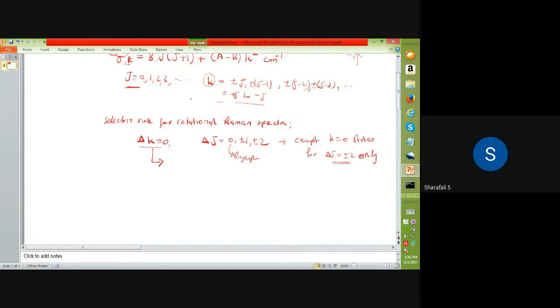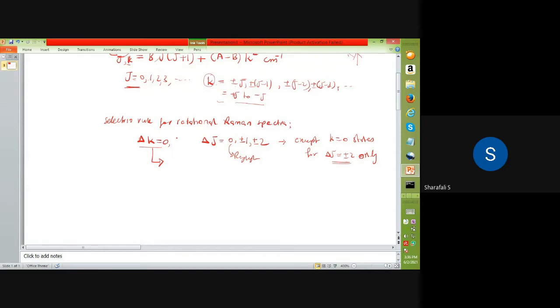And delta K equal to 0 means that there is no change in spectra, or we can say that a change in angular momentum about that top central axis will not give rise to Raman spectra.